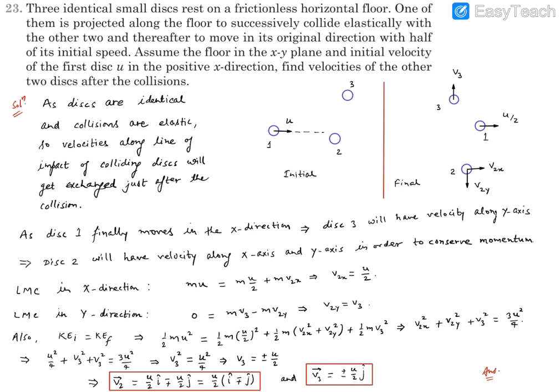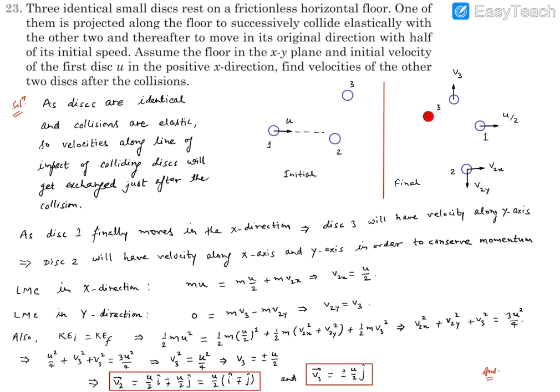When the collision between 1 and 3 took place, which was oblique, the velocity of 1 before this collision must have been along the y direction as well as the x direction, and the line of impact between 1 and 3 must be along the y direction because 3 was at rest. So along the y direction, the velocity of 1 will become 0.